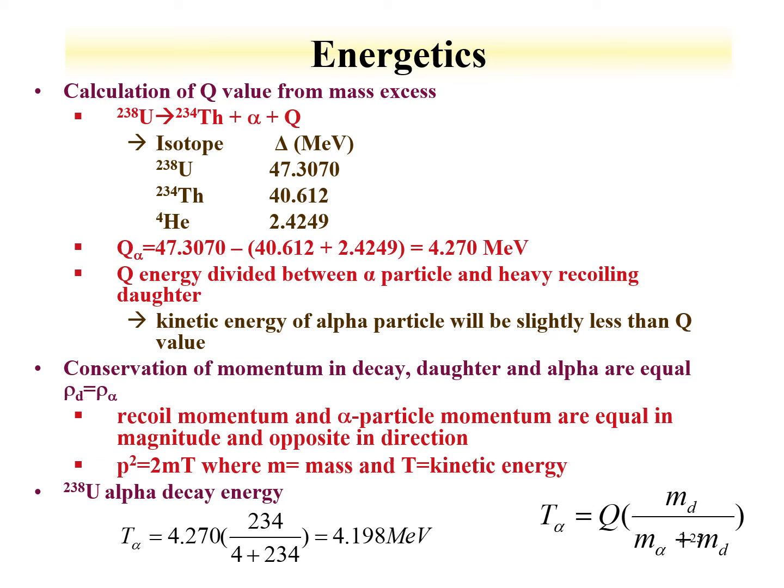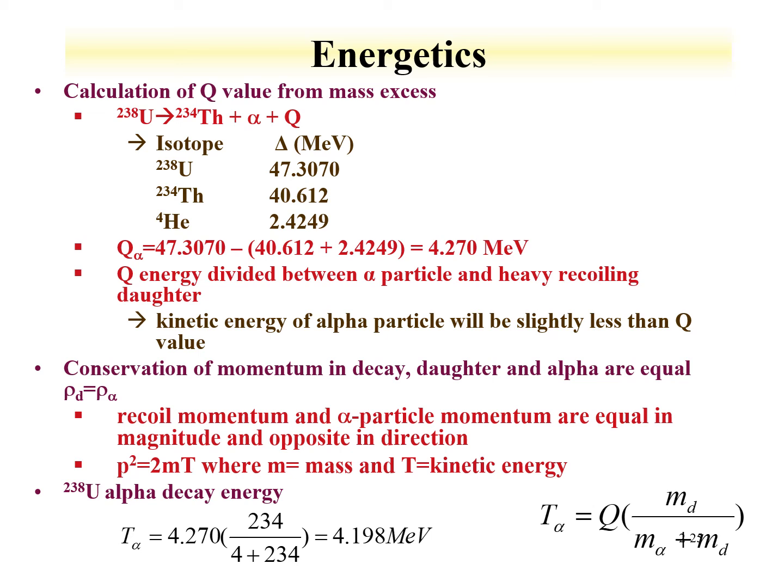So we can use the calculations that we discussed to evaluate Q values for reactions. As an example here, if we wanted to evaluate the Q value of the decay of uranium-238 to thorium-234 plus an alpha, we get the mass excesses of uranium-238, thorium-234, and an alpha particle, and we can arrange this equation.